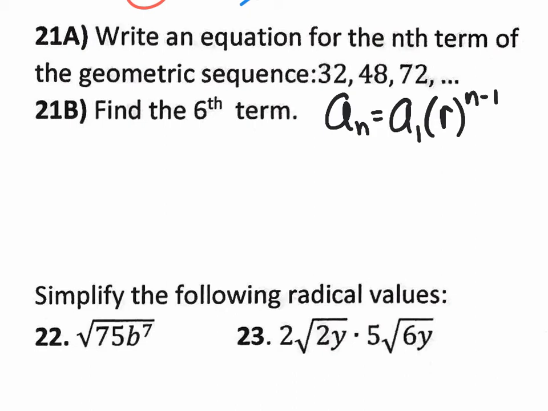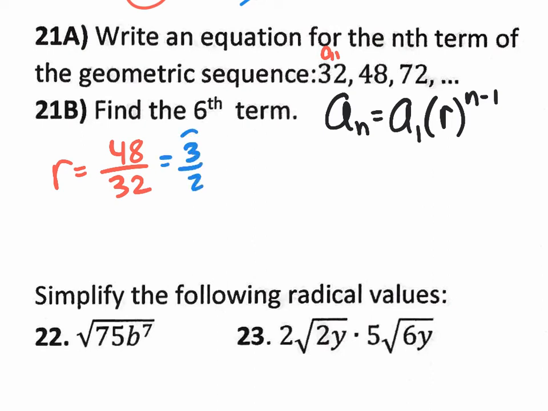So we know that the a sub 1 term is simply 32, and the common ratio we could find by simply picking a number and putting it over the previous number. So if I pick 48 and put it over 32, that will give me the common ratio, but let's reduce. And what could we reduce by? So this does reduce down to 3 over 2.